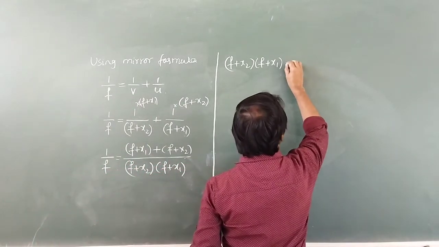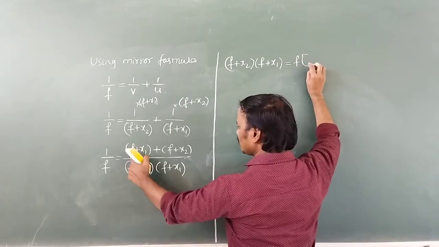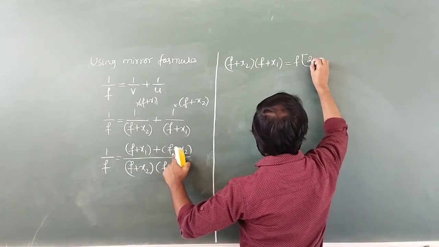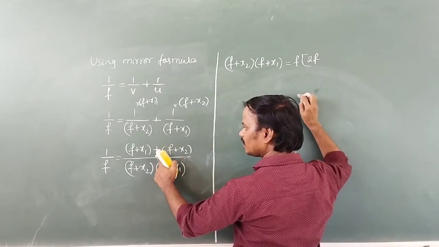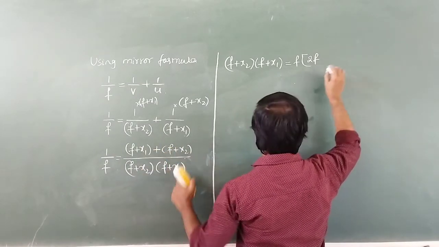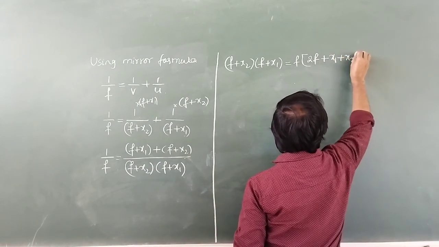That is equal to f into f plus f, that is 2f, because plus is there, and x1 plus x2, 2f plus x1 plus x2.